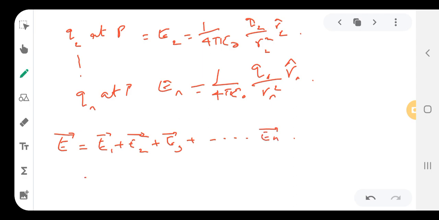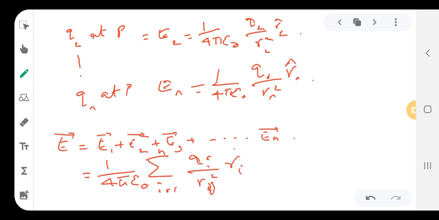Okay. So this will be 1 by 4 pi epsilon naught common, summation of i tending from 1 to n, Qi by Ri square Ri cap vector. So this is the superposition principle for electric field due to n number of charges.